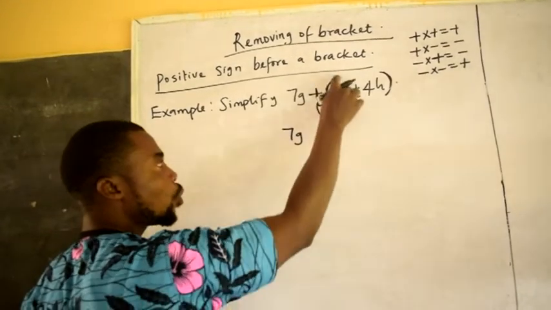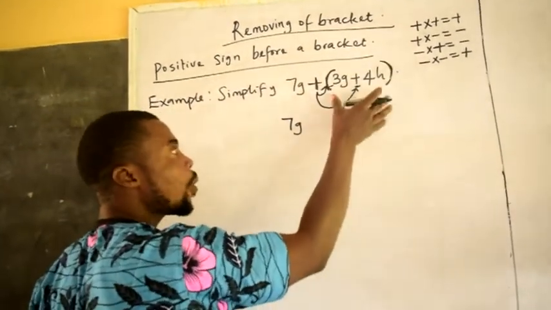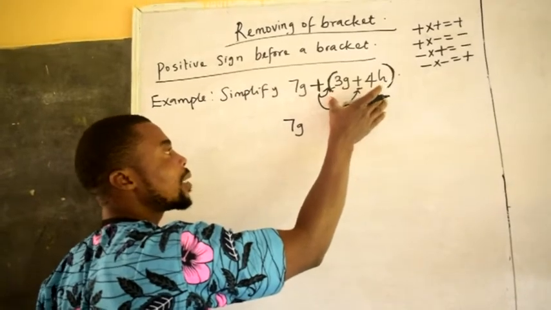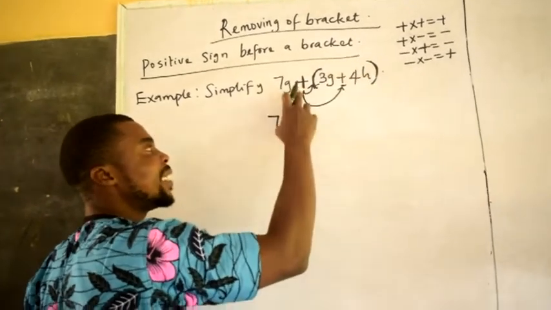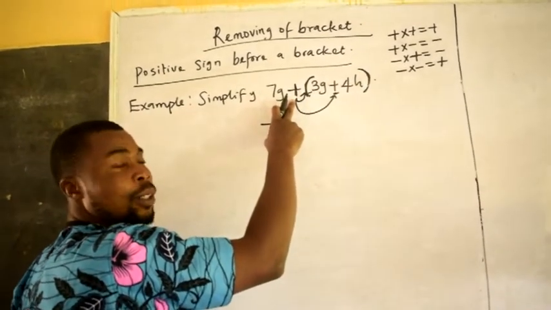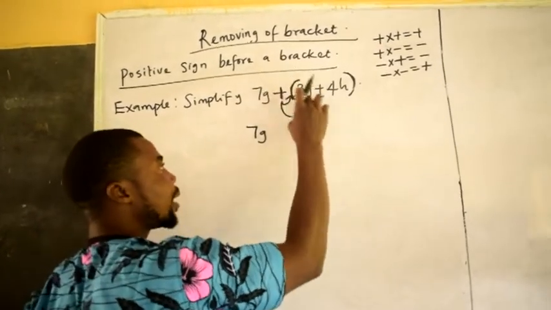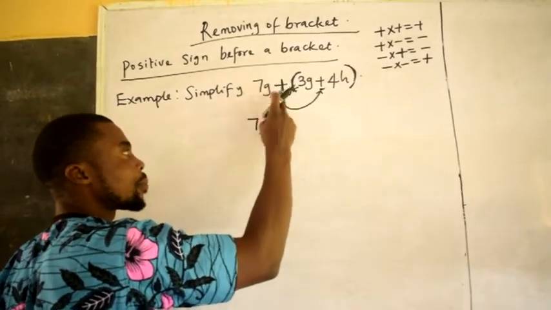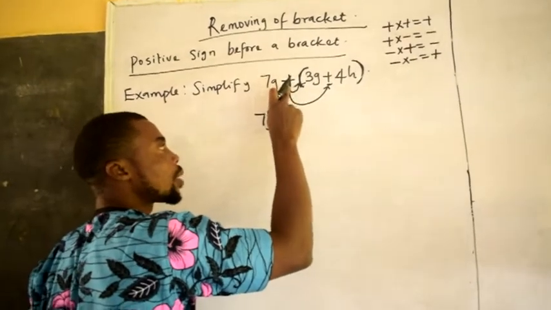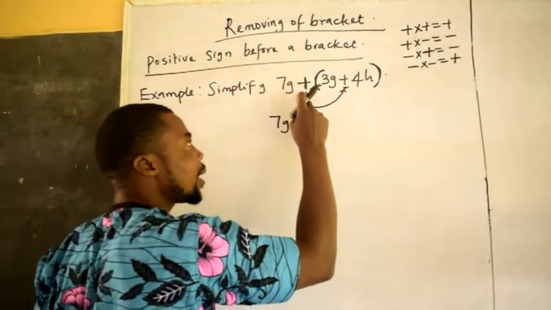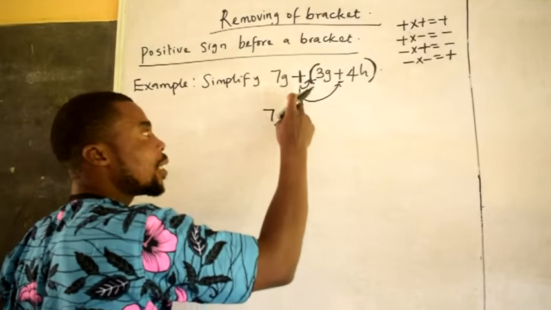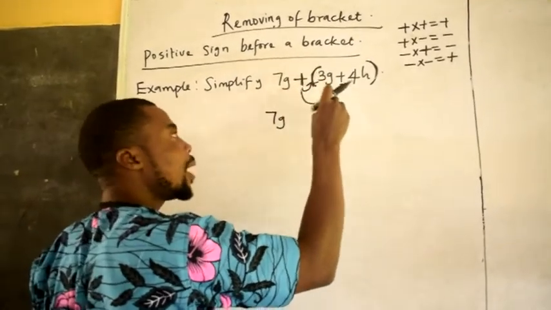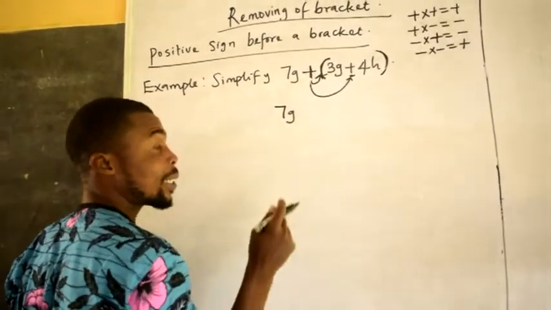You will now say you want to remove this bracket now. And what makes this bracket to be there is this plus. What makes this bracket to remain there is this plus. So you are using this plus to multiply the bracket. And what is it multiplying in the bracket? It's multiplying the sign.